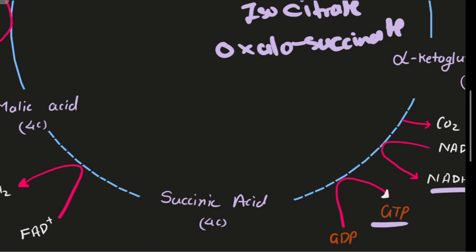Alpha-ketoglutaric acid is converted into succinyl coenzyme A or succinic acid by the help of the alpha-ketoglutarate dehydrogenase complex.